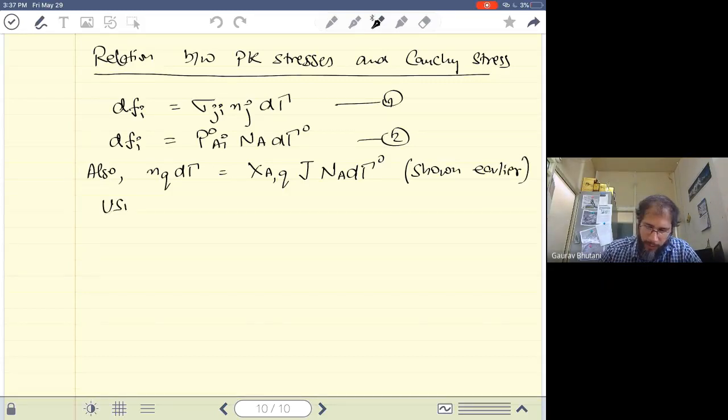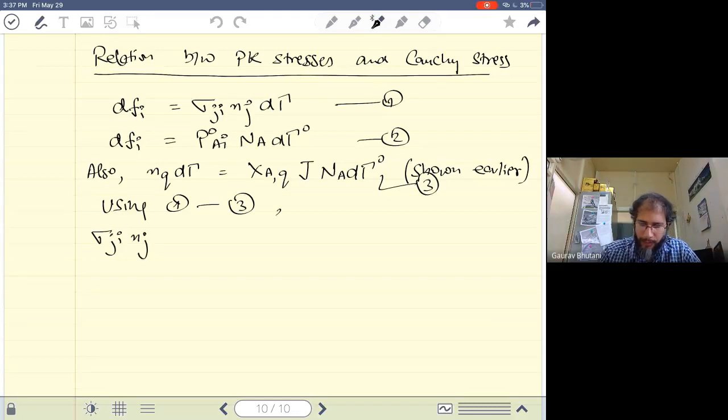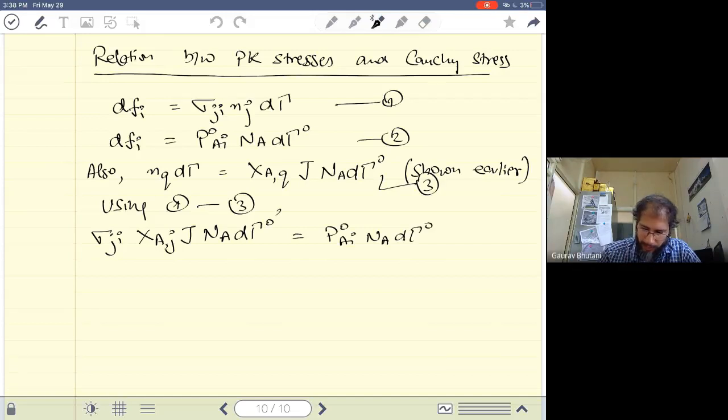So if we use 1 till 3, with the third equation being 3, what we ultimately get is sigma_ji n_j. Now from the first equation, n_j times d gamma can be replaced using equation number 3 with x_a,j times the Jacobian times N_a d gamma_0, and this is equal to our P_0 a_i N_a d gamma_0.